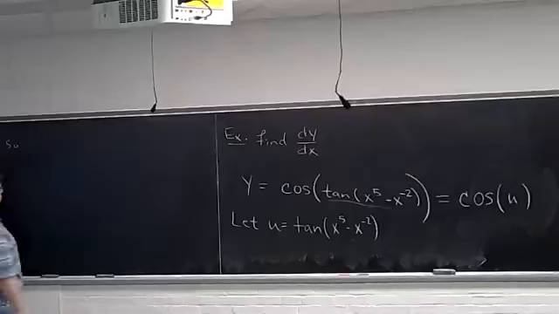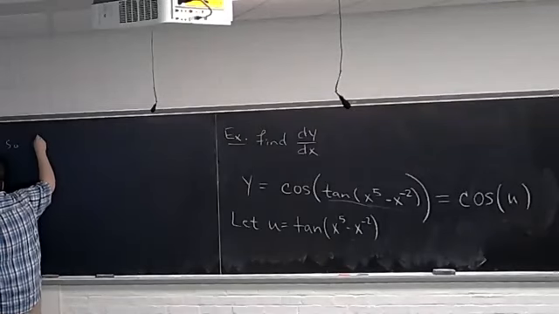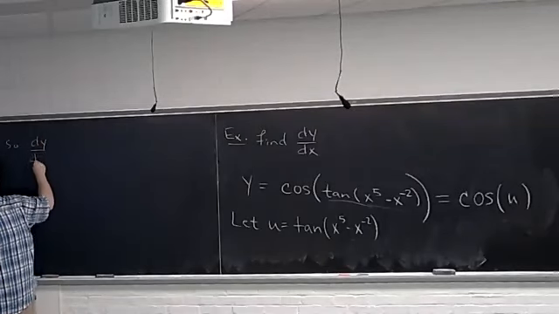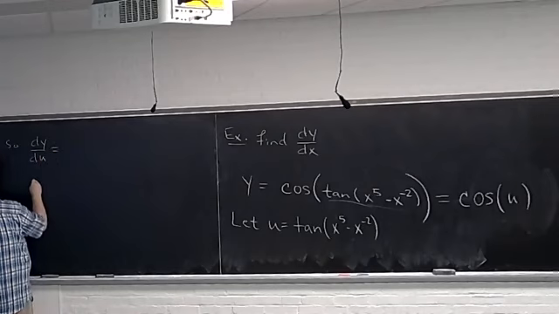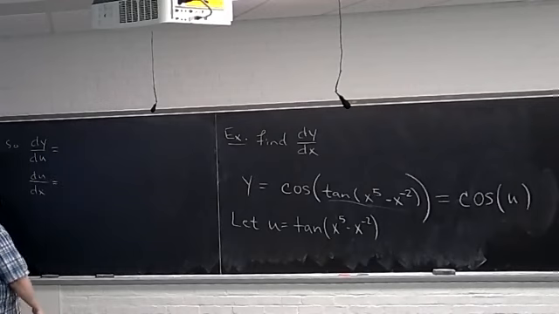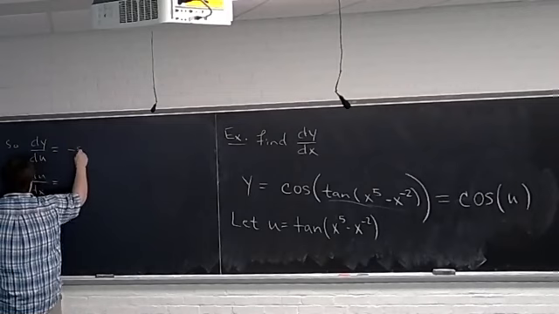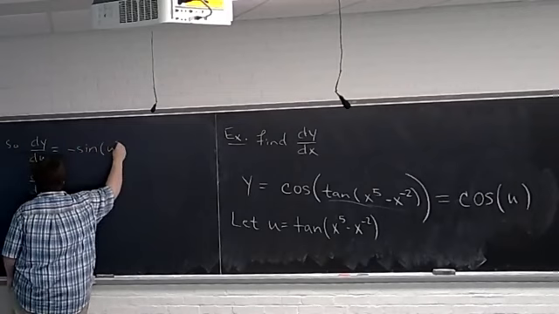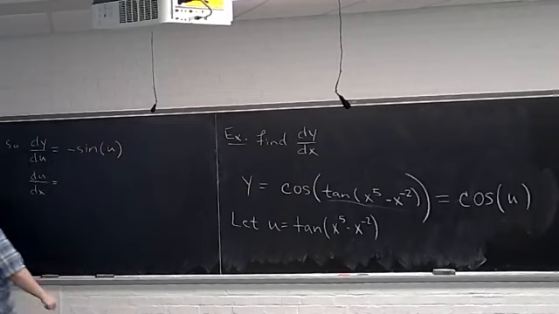Now let's find dy du and du dx. Dy du, the derivative of cosine, is negative sine. Du dx, the derivative of tangent. Well, we have there tangent of x to the fifth minus x to the negative 2.